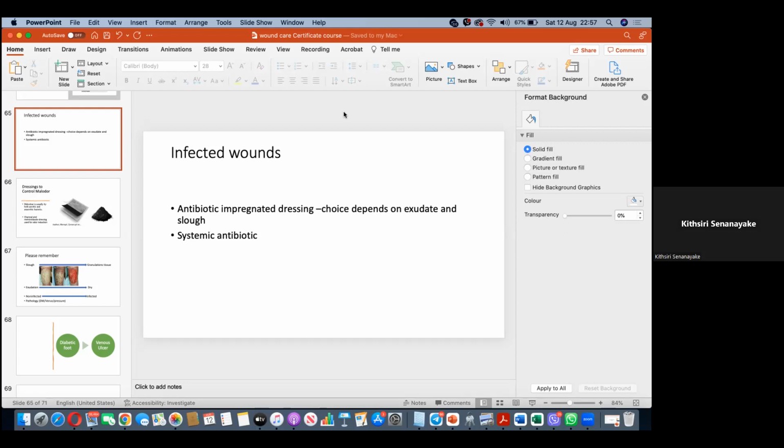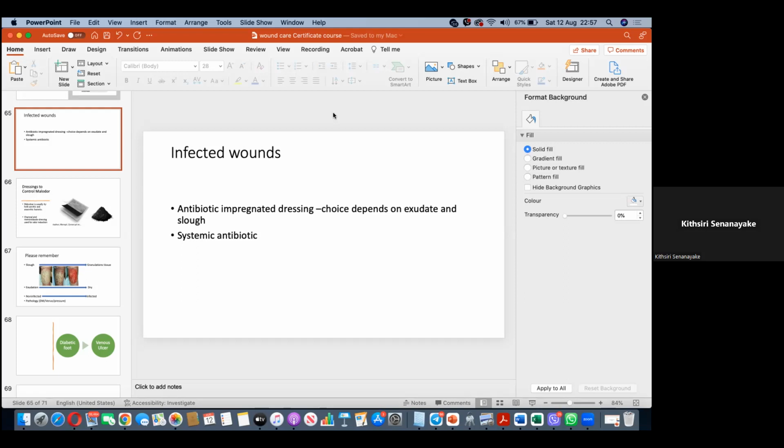As I said, you can use wet to dry dressing, or enzymatic dressings, or a biological dressing. It depends on how much biofilm or slough is in the wound.